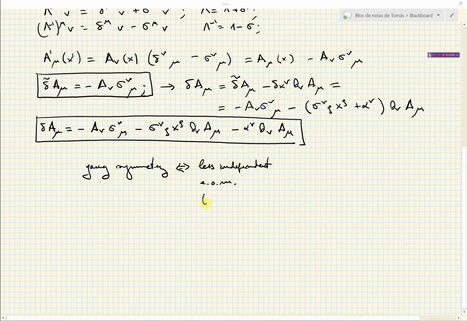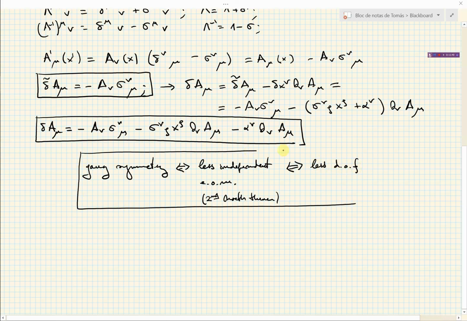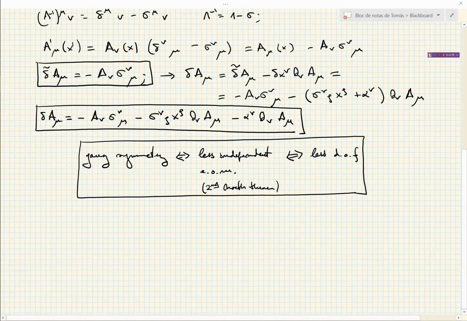And this was the effect of the second Noether theorem. And this is associated to fewer degrees of freedom. So the solution to this problem, which happens for the first time as we consider fields more complicated than the scalar field, in the vector field, the solution is to include some gauge symmetry.